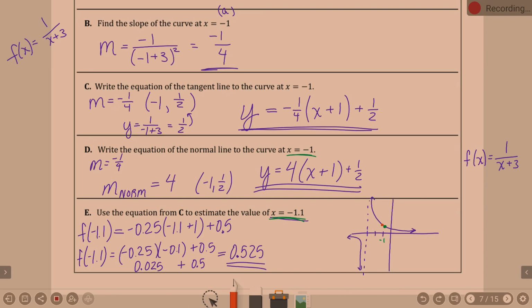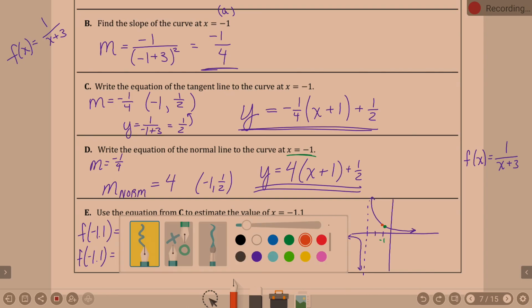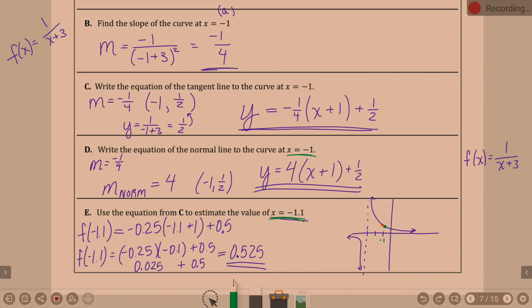So with that in mind, we're using the idea that the tangent line at -1, because that's what we originally wrote, isn't it? The tangent line at -1, I want to talk about this -1.1 that we used.